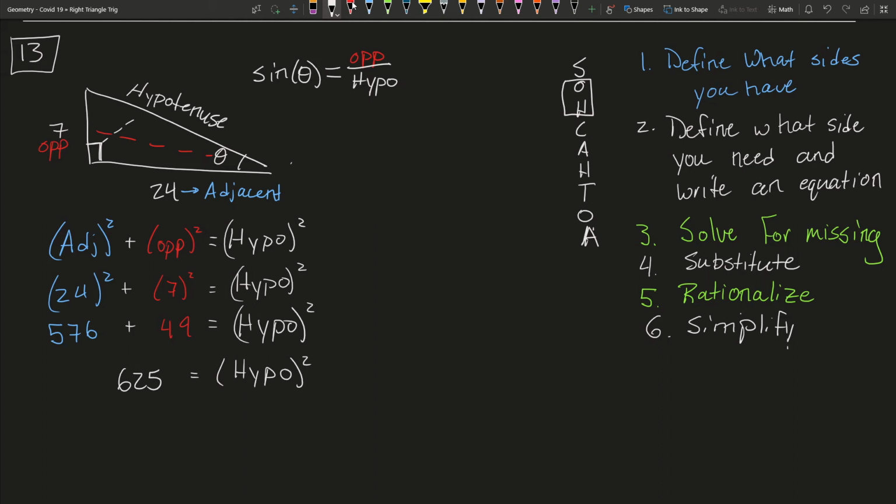Okay, now in order to get just the hypotenuse by itself, in order to get rid of this squared, we have to take the square root of both sides.